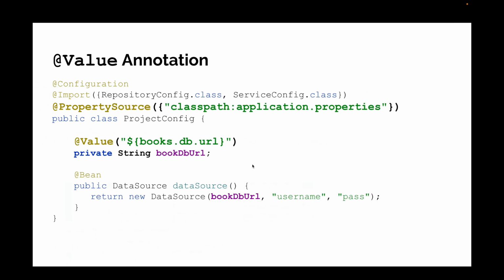For that we can use the @Value annotation. The @Value annotation is used to read externalized dependencies, such as properties from a properties file or from system properties. It takes the key or name of the property, and then it will inject the value of that for this instance variable.